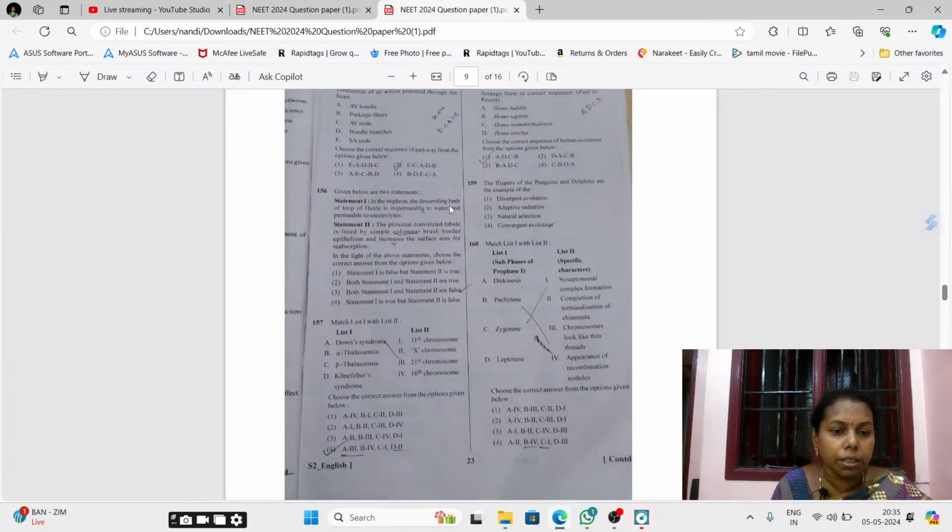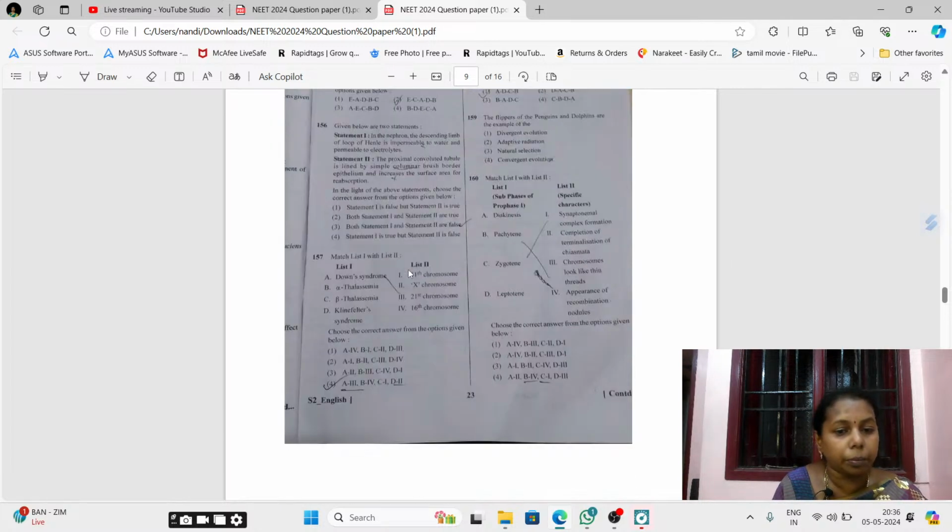In the nephron, the descending limb of the loop of Henle is impermeable to water is wrong. It is permeable to water. So wrong statement, statement 2. The proximal convoluted tubule is lined by simple columnar, again wrong. It is lined by simple cuboidal brush border epithelium. So both the statements are wrong, which is in the option 3.